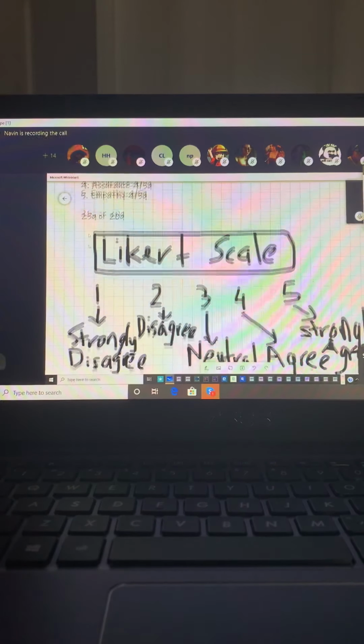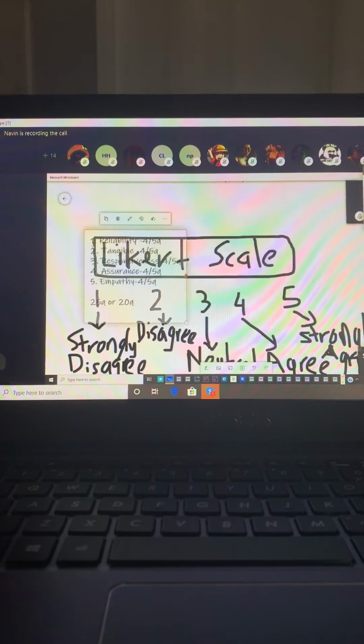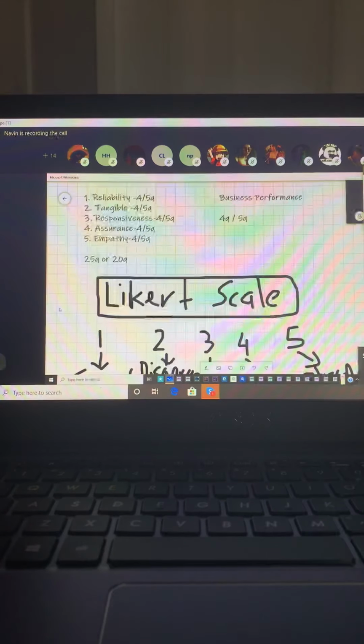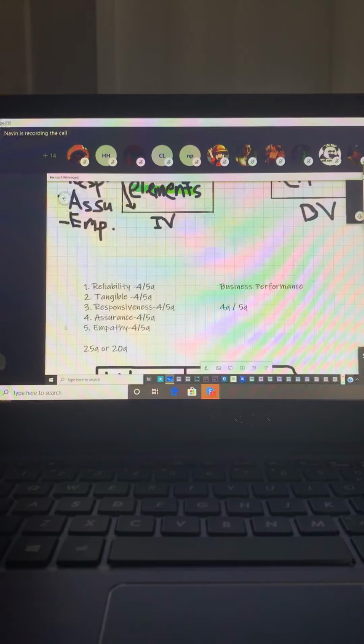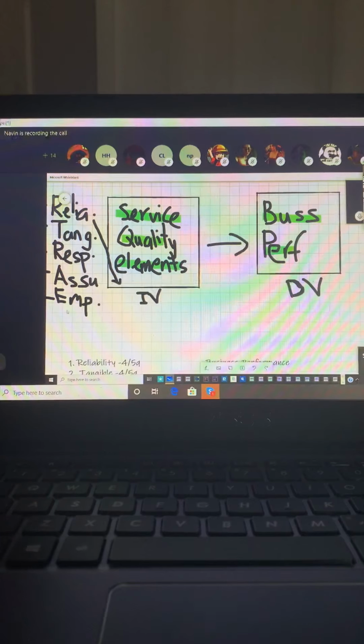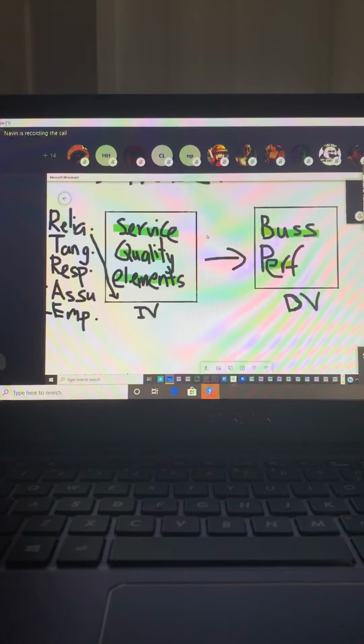If we look here, what are we studying? If you look at this graph, you automatically know. We are studying the impact of service quality elements on business performance. I repeat, we are studying the impact of service quality elements on business performance.